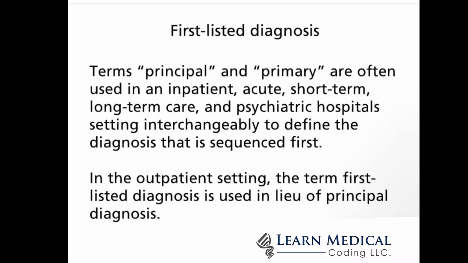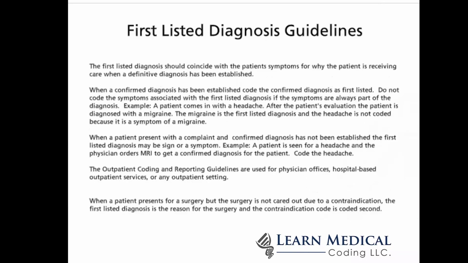Let me go to the next slide. Hold on. So I have it defined here. First listed diagnosis should coincide with the patient's symptoms for why the patient is receiving care when a definitive diagnosis has been established.